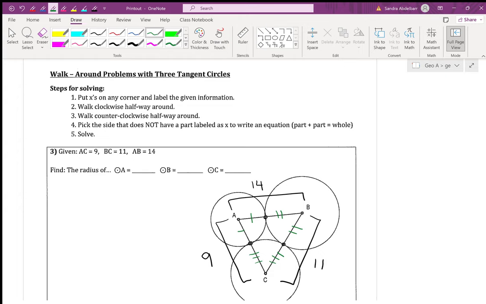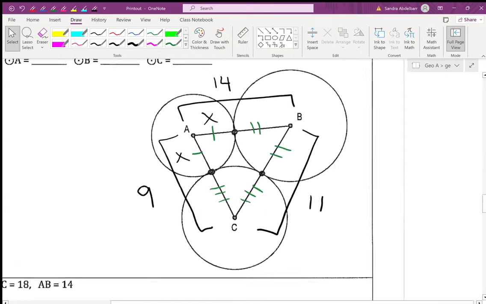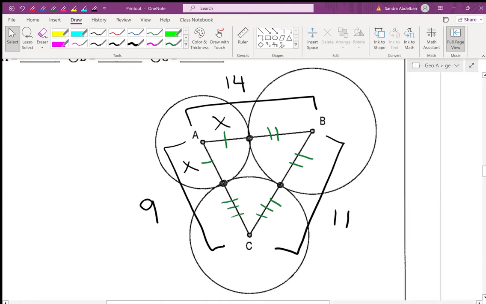And then it says find the radius of circle A. So I'm going to go to circle A and call it X. Well then isn't the other radius for circle A also X? Someone tell me, how would I represent the radius for circle B? Aaron?